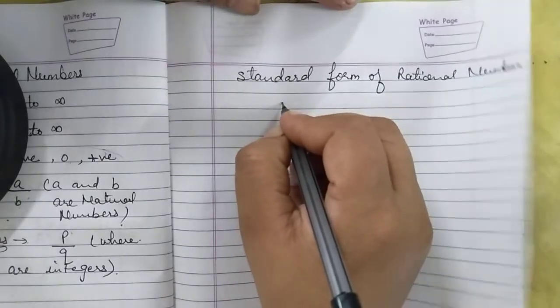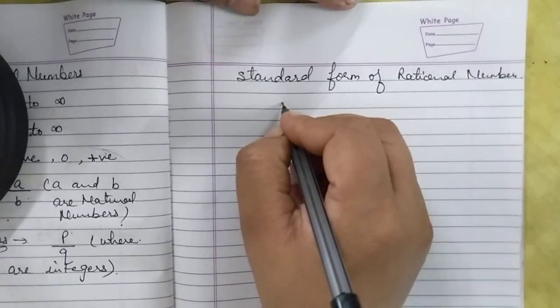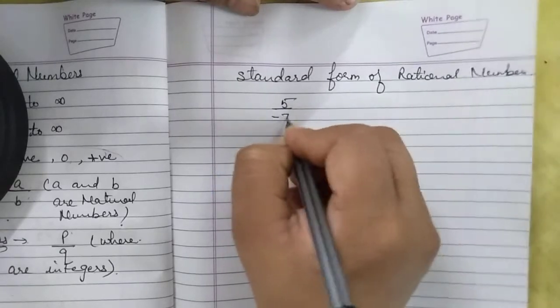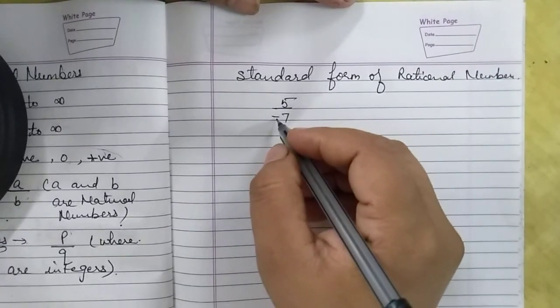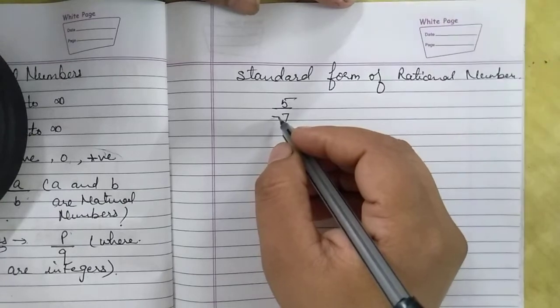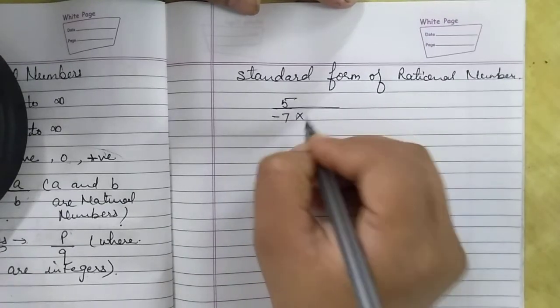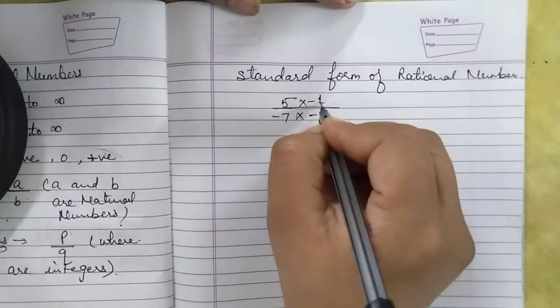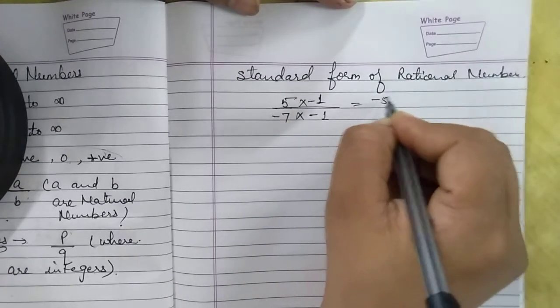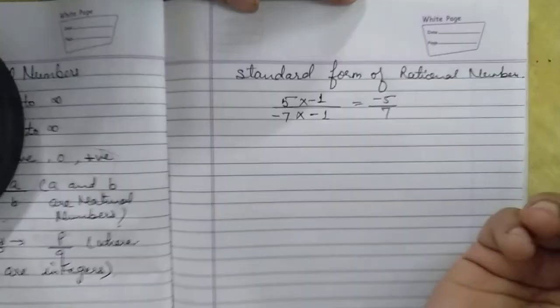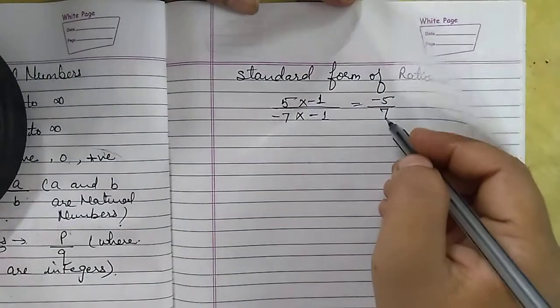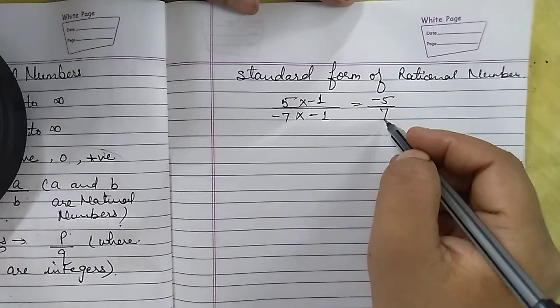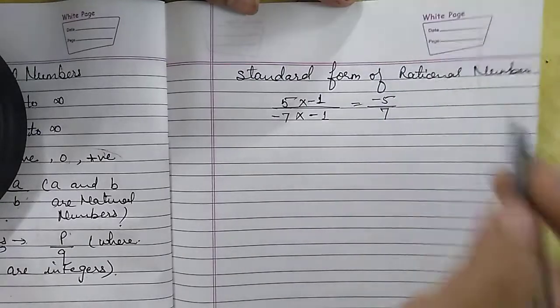It means if there is a negative sign in the denominator, like 5 upon minus 7, first we have to remove this minus sign from the denominator. How can we remove this minus sign? If we multiply both the numerator and denominator by minus 1, then we get minus 5 upon 7. Here the denominator becomes positive, so this is the standard form of the rational number.